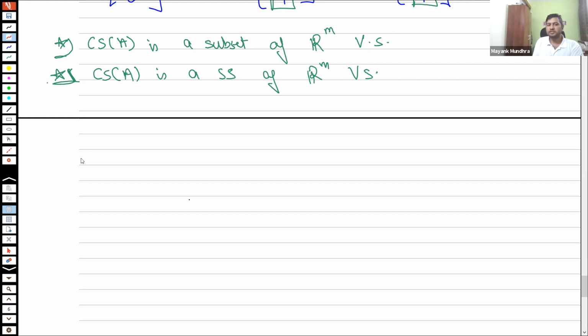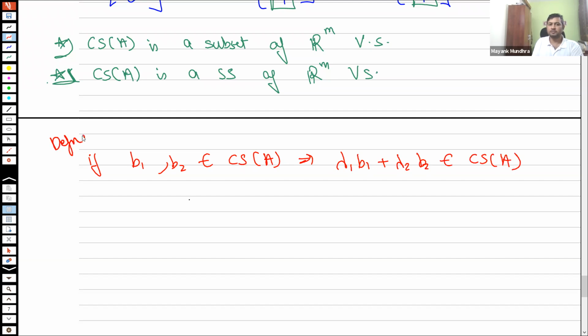So basically what I'm saying is that if b1, b2 belong to the column space of A, then lambda 1 times b1 plus lambda 2 times b2 also belongs to the column space of A. This is the definition of a subspace: if any two vectors belong to a subspace, then a linear combination of these vectors should also belong to the subspace.